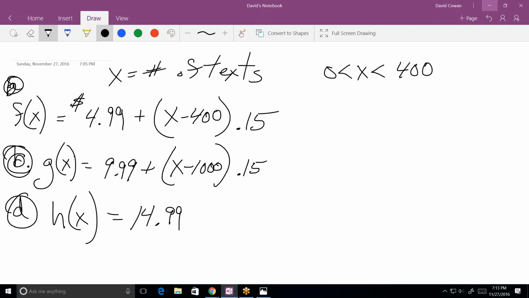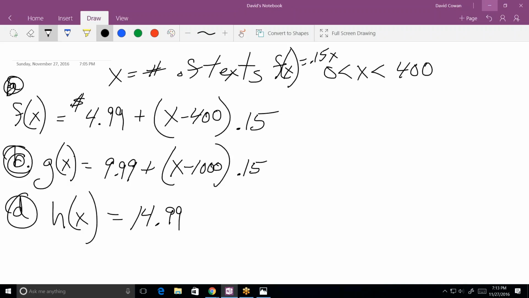Well, that's going to be f of x equals 0.15 times x. Well, not really, because it depends on which plan you choose. Right. So to me, it's not really a piecewise function. It's only a piecewise function if you're going to let the plan optimize itself, and that's not the way it works.